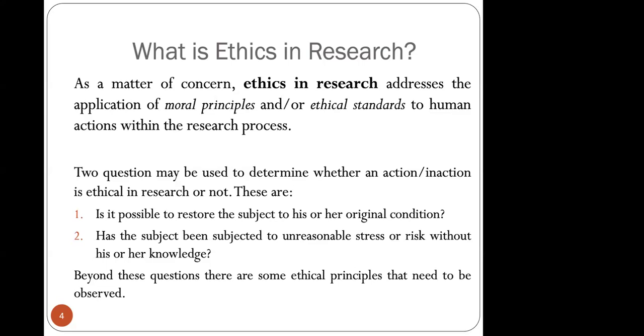Likewise, there are certain standards you have to go through. Even the research instrument must be scrutinized, and you must also get what we call clearance to be able to conduct that research.